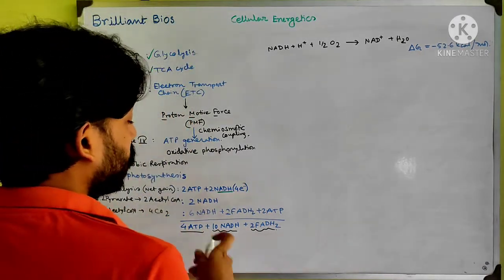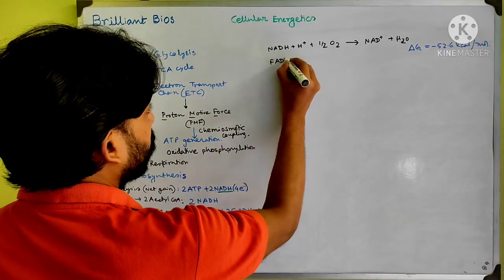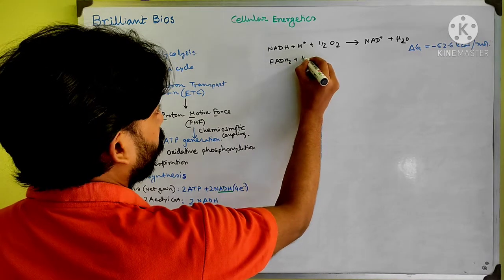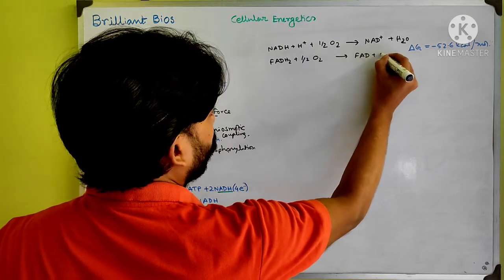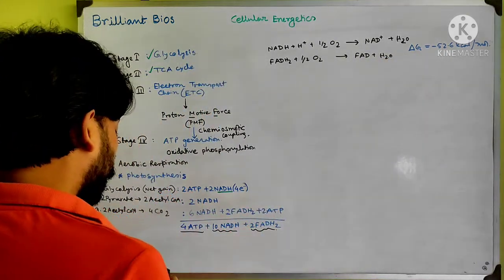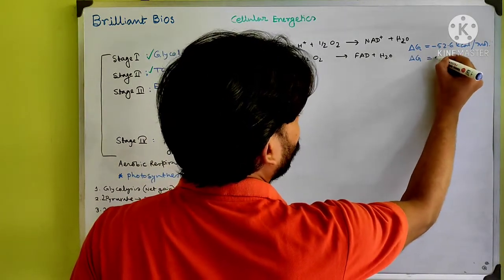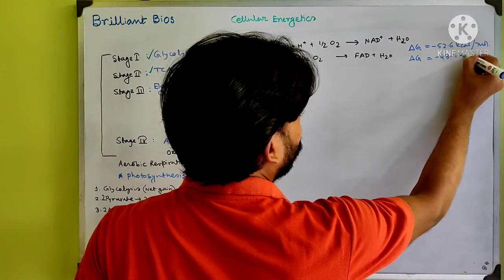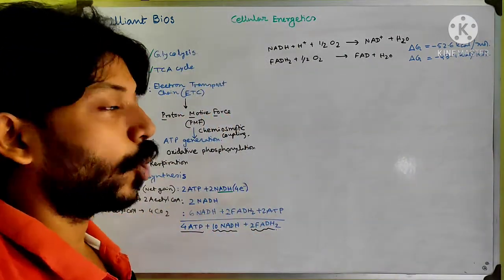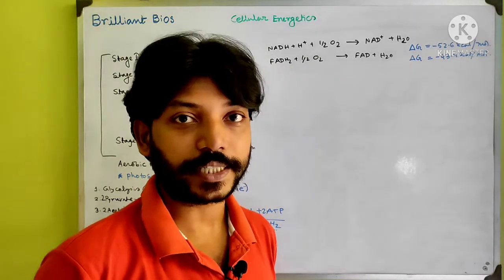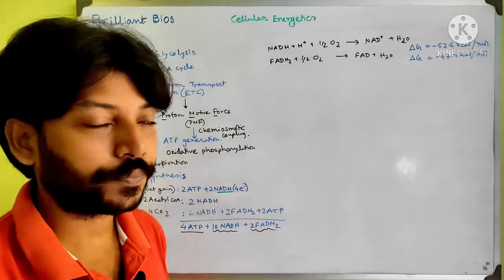Now when FADH2 gets oxidized in this electron transport chain, FADH2 with molecular oxygen will generate FAD and water molecules. The delta G of this reaction is minus 43.4 kilocalorie per mole. In my subsequent classes I will also discuss why these 2 reactions have different Gibbs free energy.